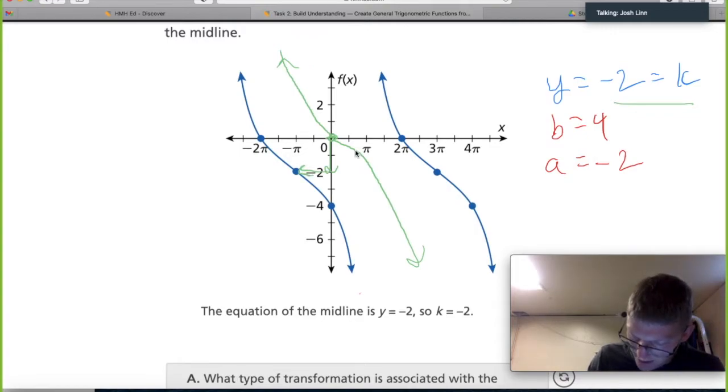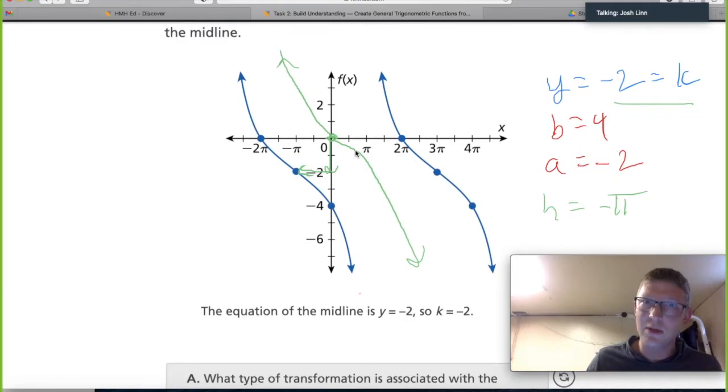So our h would have to be -pi. Especially with some of these trig functions, it's probably pretty important to know what the parent function looks like so that you can make these judgments as you go.